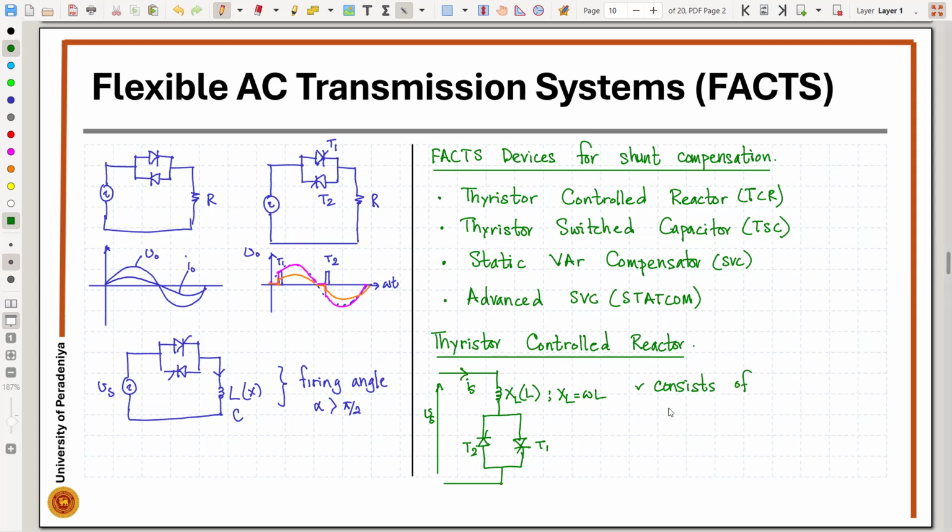So it consists of an inductor, then we have a bidirectional switch.